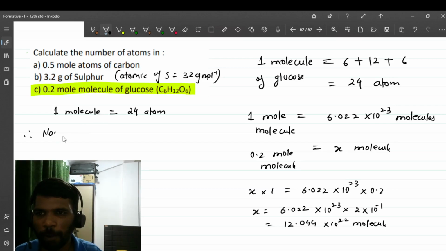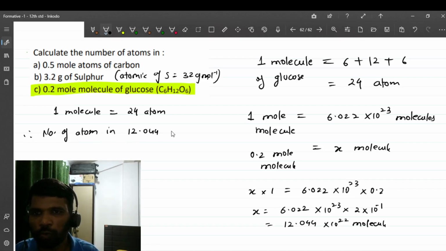Number of atoms in 12.044 into 10 raised to 22 molecules is equal to 12.044 into 10 raised to 22 into 24.